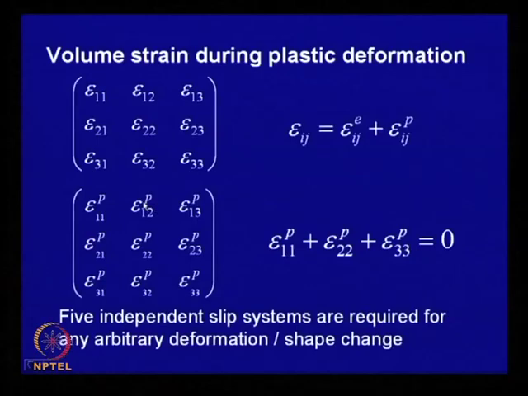So what do you have? You really have 5 independent components of strain, and for each of these you need one slip system. So for any arbitrary deformation, if you take a crystal and give it any arbitrary deformation, you need at least 5 independent slip systems.